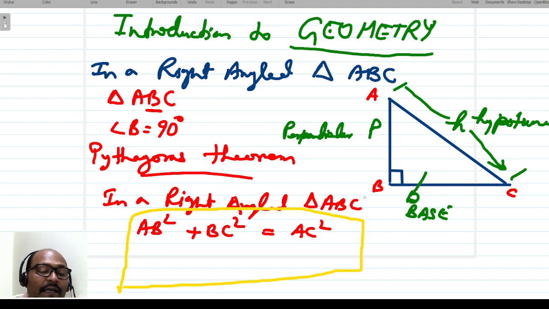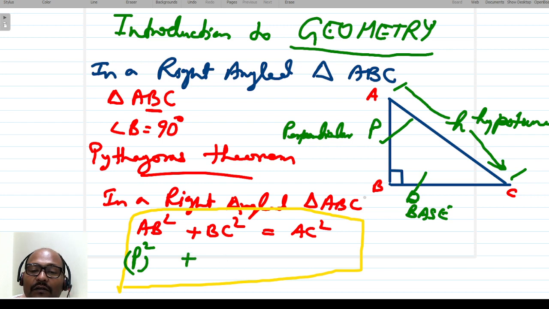AB square. See here in this triangle, AB square is perpendicular square, plus BC square.